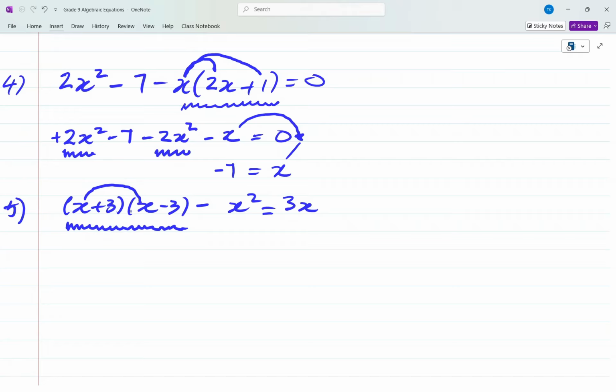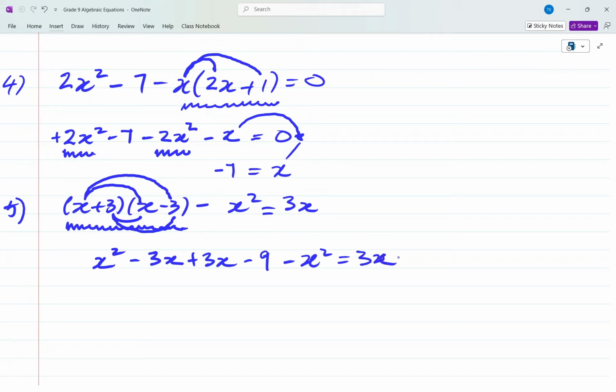X multiplied by x is giving you x squared, and then x multiplied by negative 3, you are now having negative 3x. And then I come this way, 3 multiplied by x, positive 3x, and then 3 multiplied by negative 3, you have negative 9, and then minus x squared, and then on the right hand side you're still having 3x.